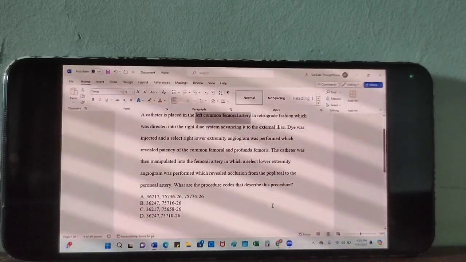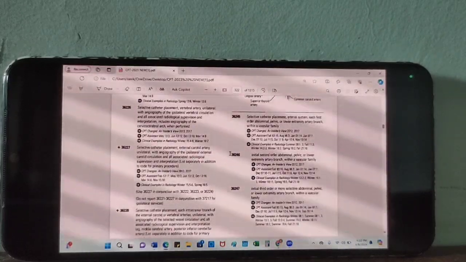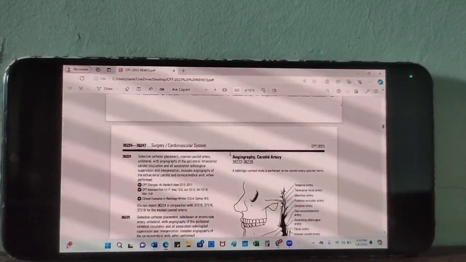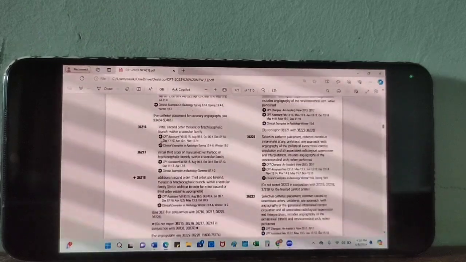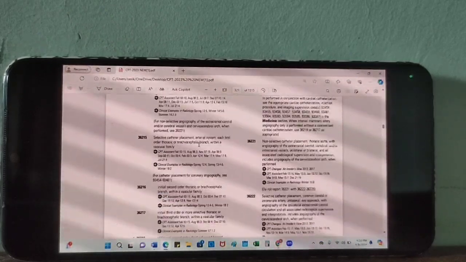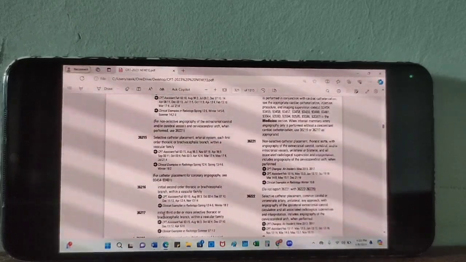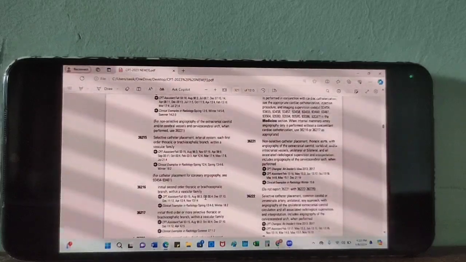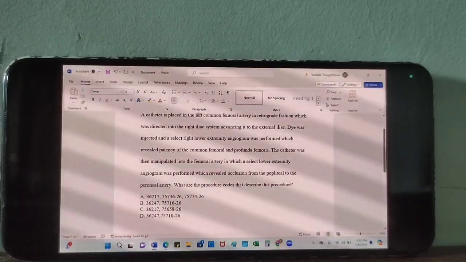Okay, that is correct. But what about 36217? 36217 is for thoracic or brachiocephalic. So the locations are different. Here the procedure is performed at the lower extremity.